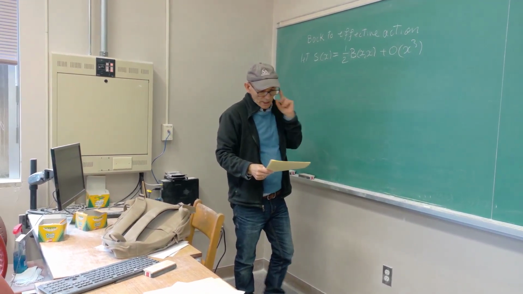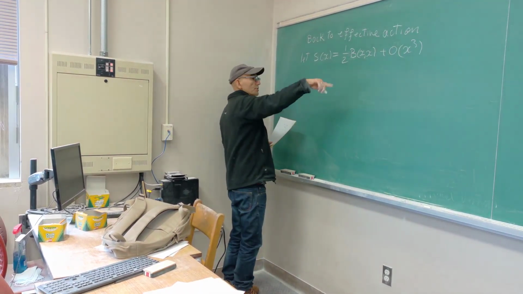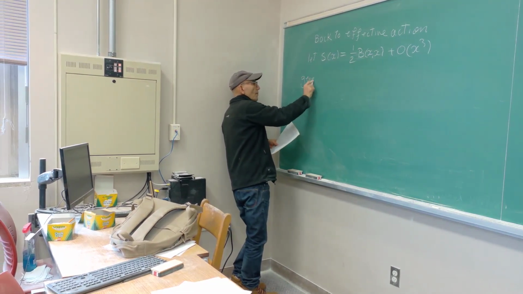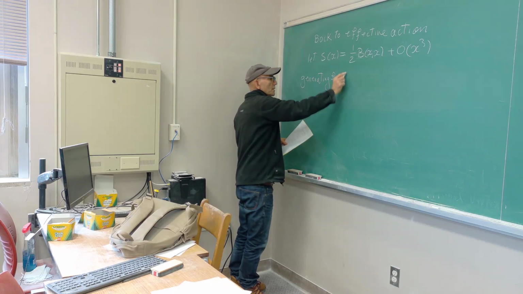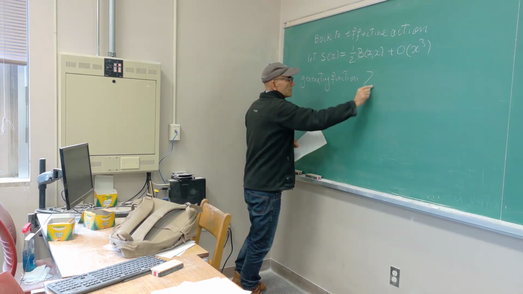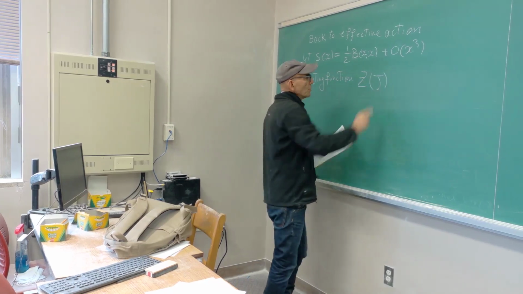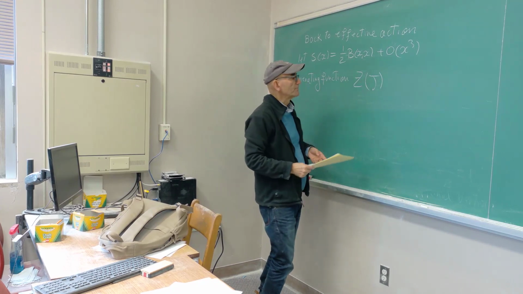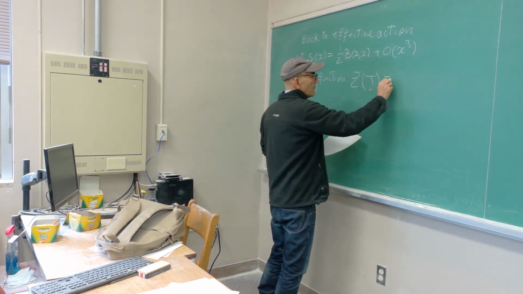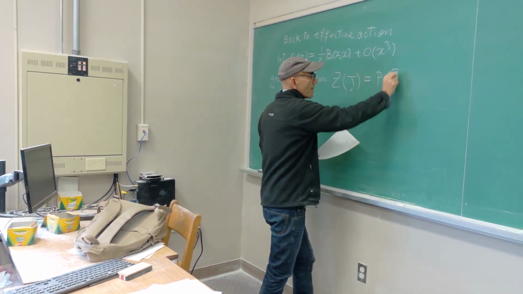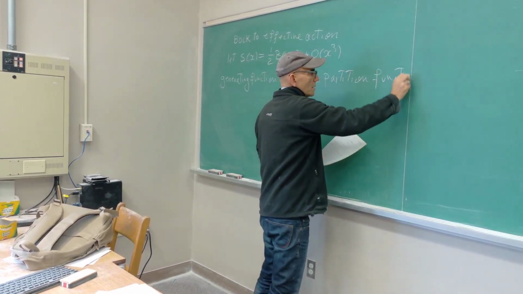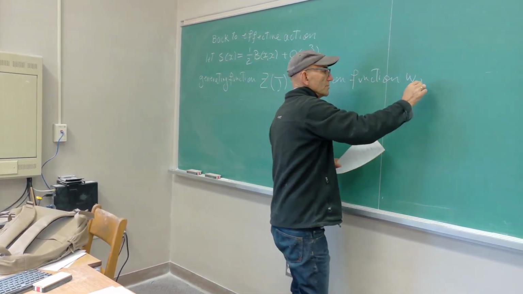So now let Z of J, we're going to introduce this generating function. Z of J, we didn't work much with it except for the first lecture, but it's absolutely essential for QFT. Z of J is the partition function with the source.